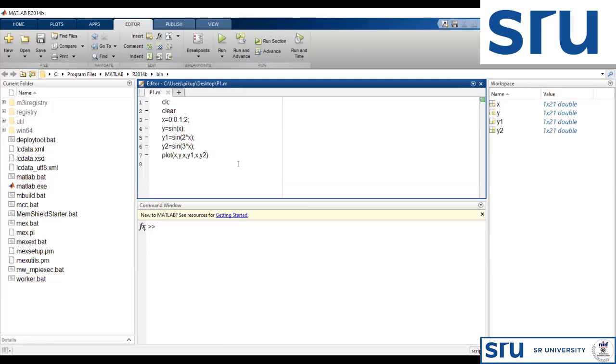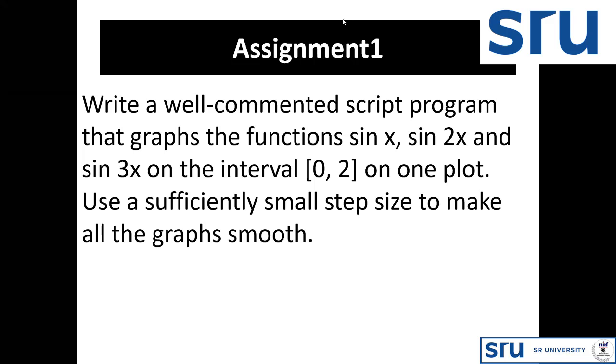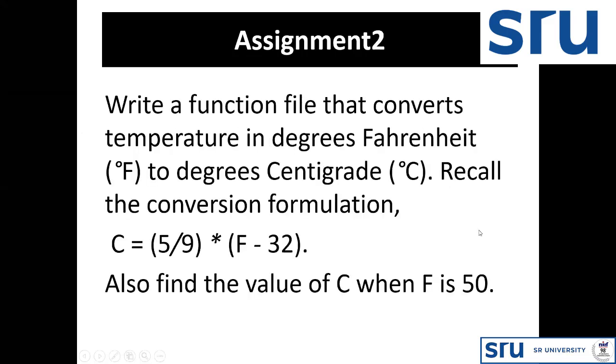Okay, degree Fahrenheit to degree centigrade conversion is required. For that, can anyone tell me the formula? How to convert degree Fahrenheit to degree centigrade? Can anyone tell me? Plus 273.